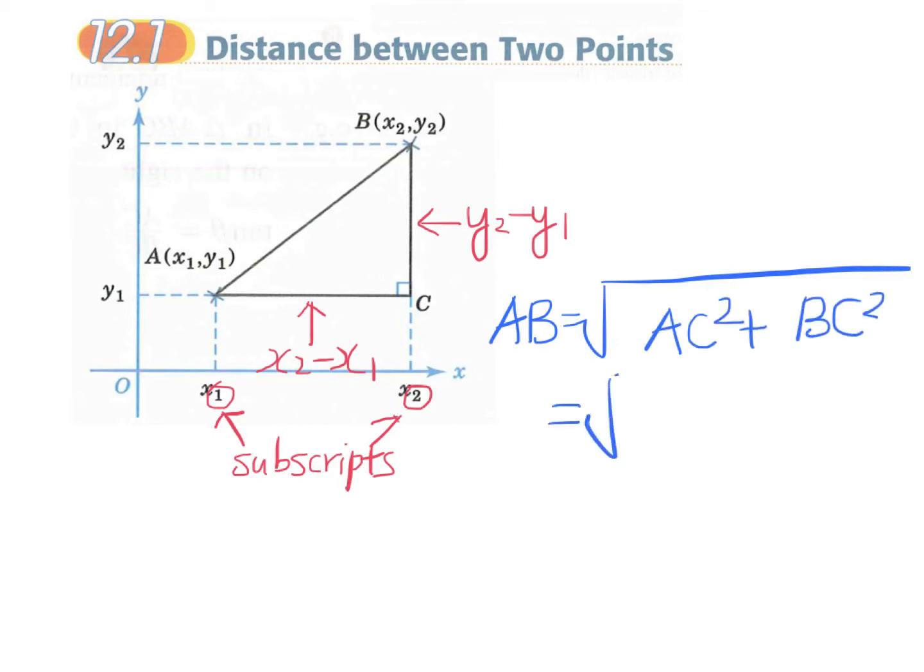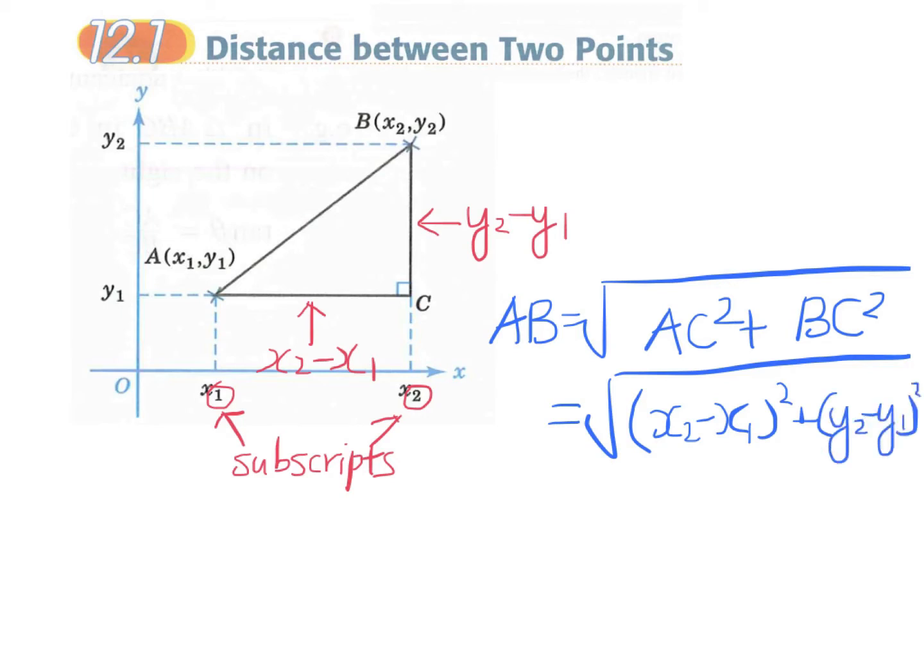And for AC we have x2 minus x1, and for BC we have y2 minus y1. Therefore, this is our distance formula. The square of the difference of the x-coordinates between 2 points plus the square of the difference of the y-coordinates between 2 points. And finally, we take a square root on the outside.